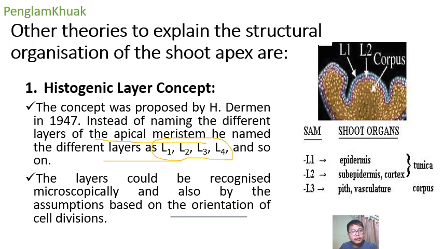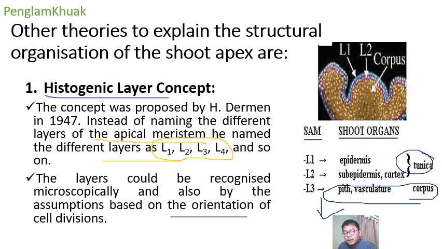According to this histogenic layer concept, L1 and L2 we can call the tunica, and from L3 and so on we can call the corpus, that is the innermost layer. And from L1 and L2 they will produce epidermis, subepidermis and some portion of the cortex. From L3, L4 or L5 they will produce the pith, the vascular bundle, or the corpus.